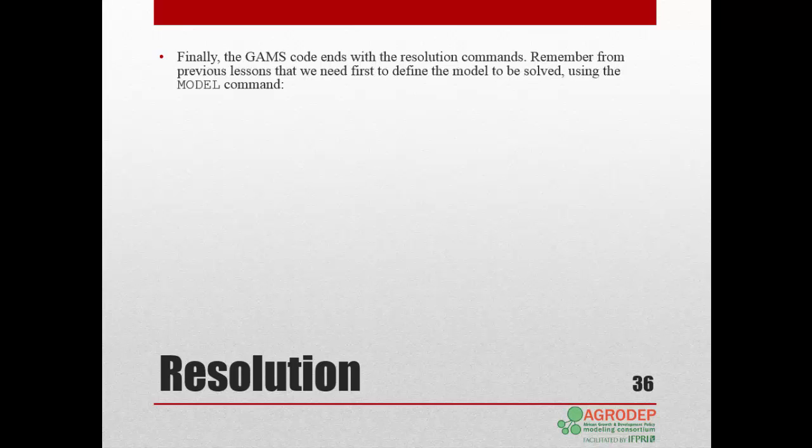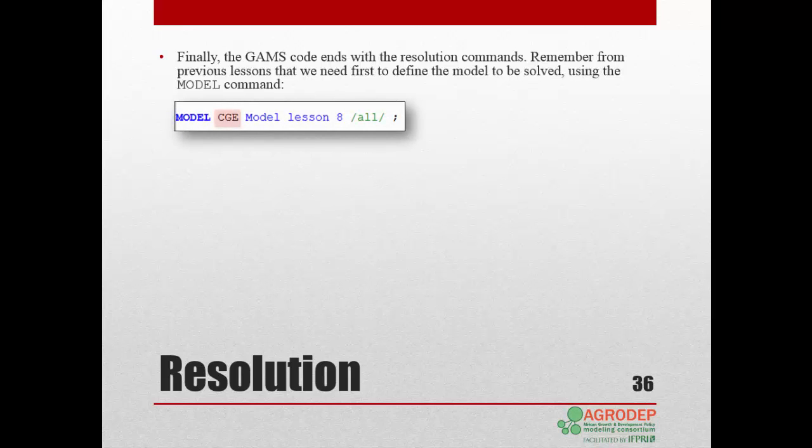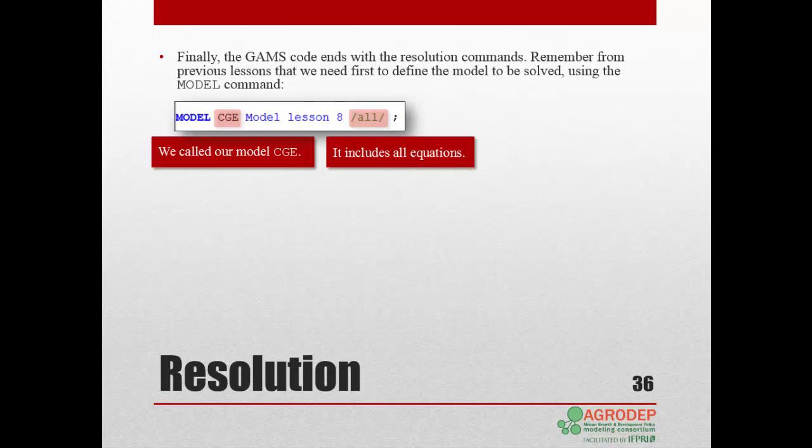Finally, the last part of the program is the model resolution. Remember from previous lessons that we first define the model to be solved using the model command. We specify the name of the model, cleverly named CGE, and we want the model to include all the equations.